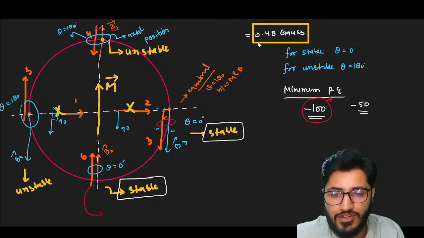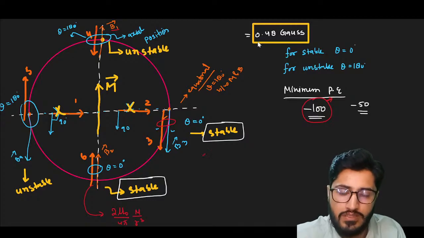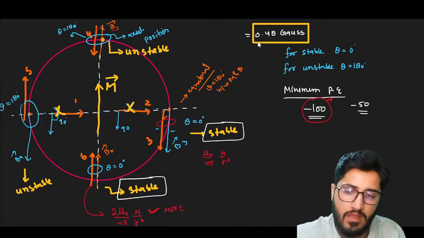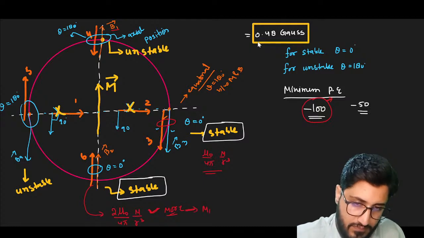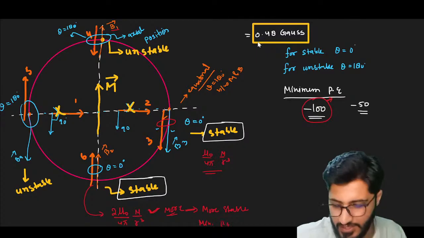This one is my axial position, so the value is 2 mu naught by 4 pi, m by r cube. And this one is mu naught by 4 pi, m by r cube. I guess this one is more as compared to this one. So you can write this one is more stable. Or you can write that minimum potential energy will be at this axial position.